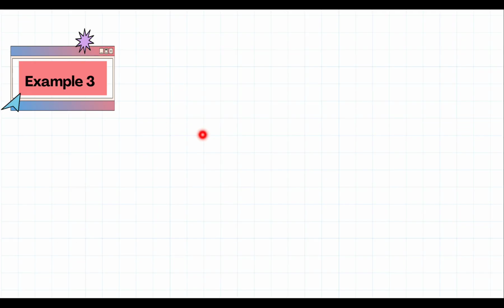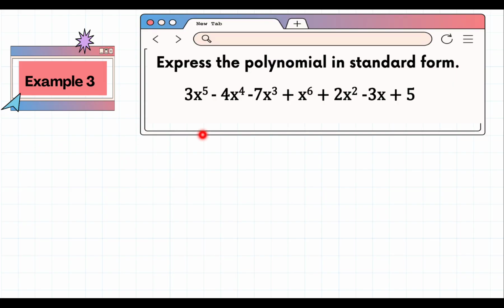And the last example for this, we have: express the polynomial again in standard form, then identify the terms necessary. 3x raised to 5 minus 4x raised to 4 minus 7x raised to 3 plus x raised to 6 plus 2x squared minus 3x plus 5. So what is the standard form?